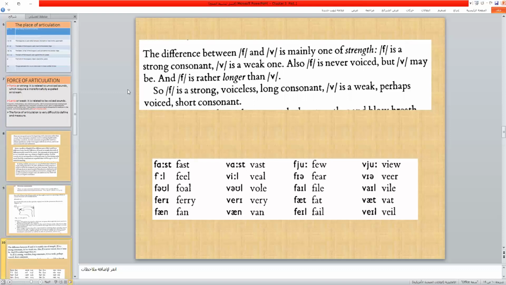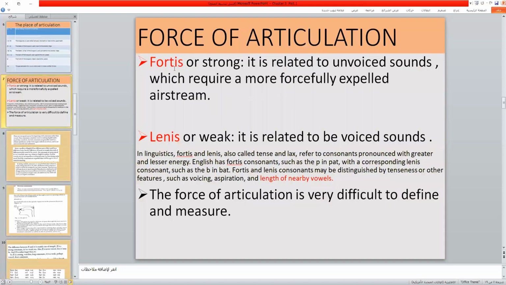You remember these two terms, right? Look. Fortis, lenis. Fortis: strong, voiceless. Lenis: weak, voiced consonants. So, when we say strong, it means fortis, which means voiceless.